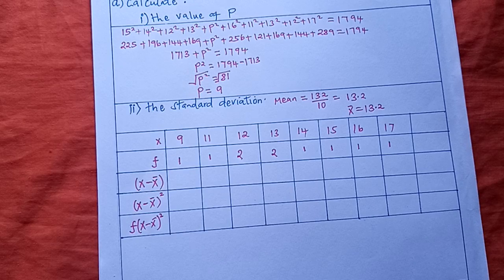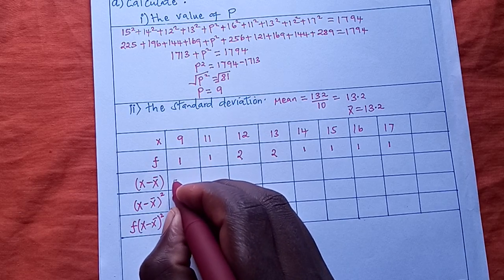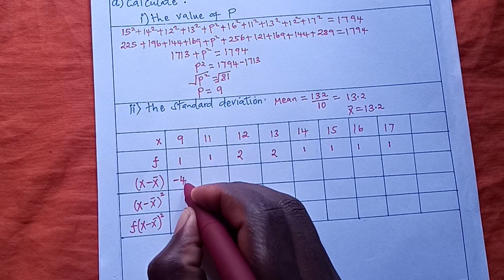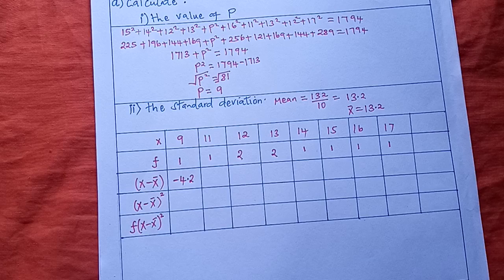We subtract 13.2. So we are going to get a negative, which is negative 4.2.